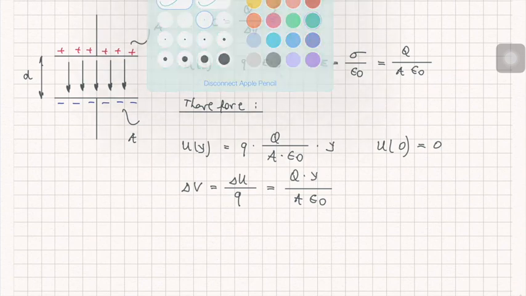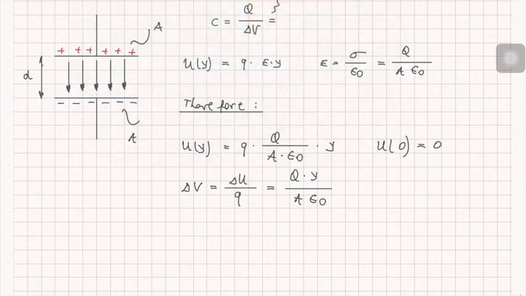Imagine I would draw a coordinate system here: at the bottom, where the negative plate is, we have y equals 0, and at the top we have y equals d. So let's evaluate this potential difference for y equals d.